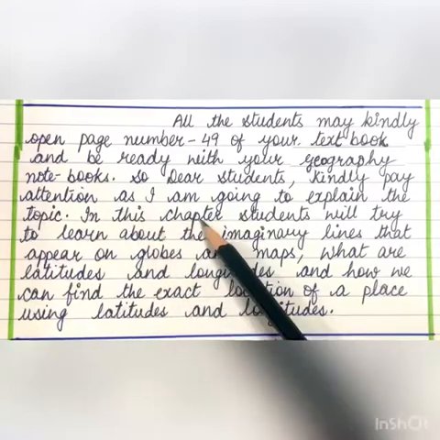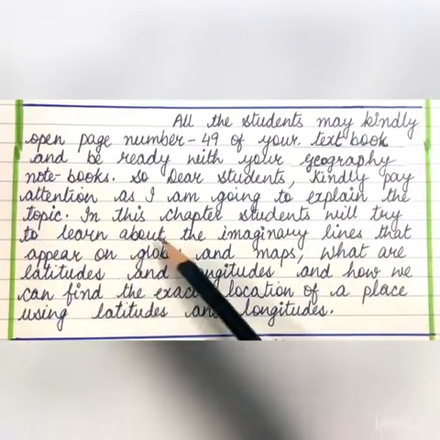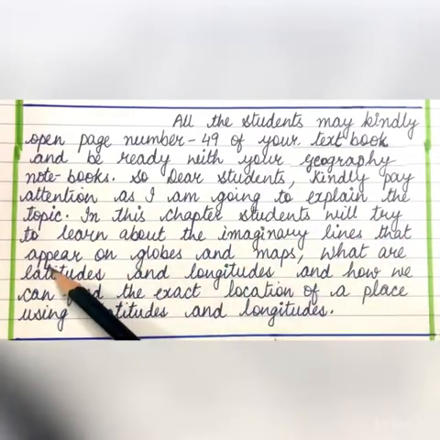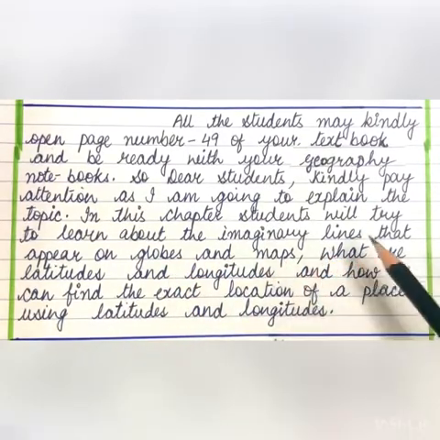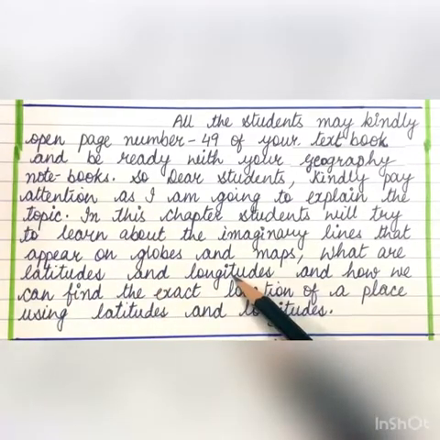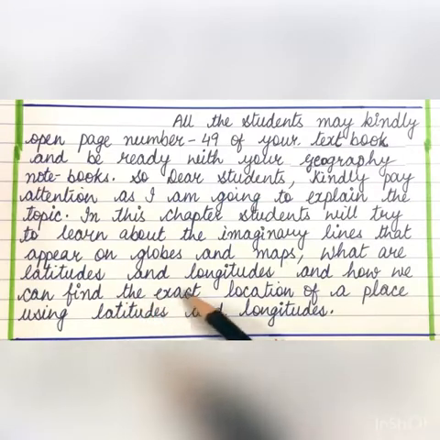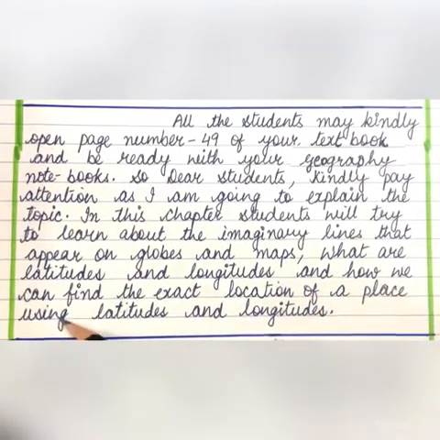In this chapter, students will try to learn about the imaginary lines that appear on globes and maps. What are latitudes and longitudes, and how we can find the exact location of a place using latitudes and longitudes.